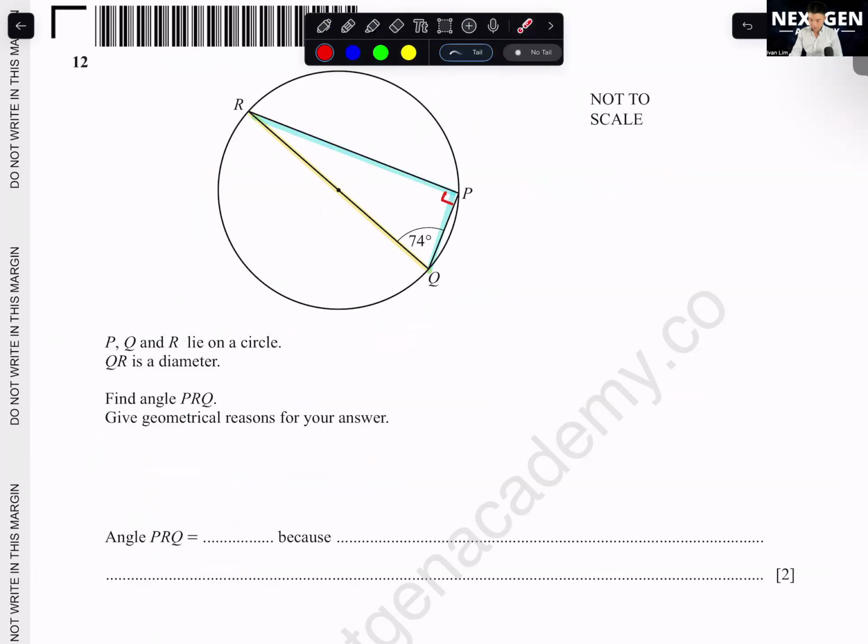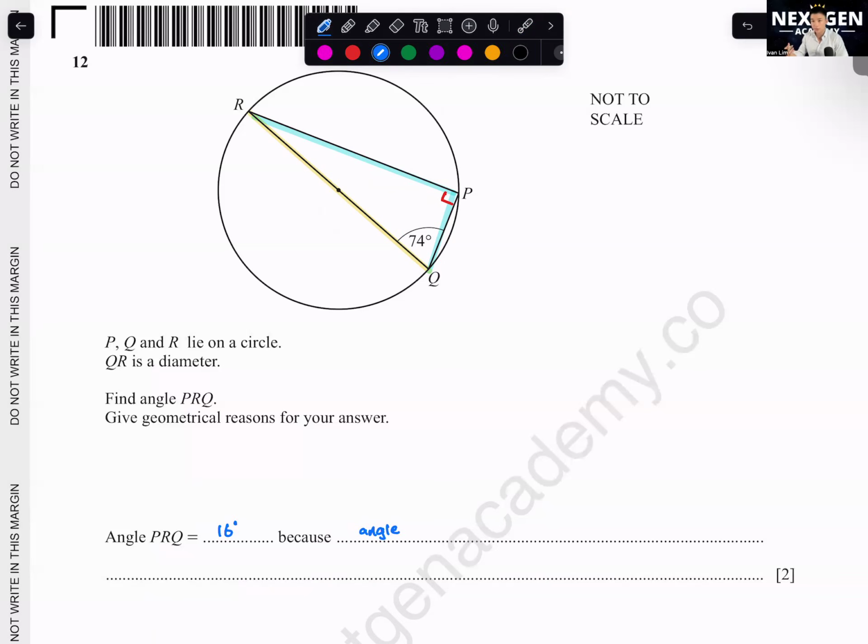Where do you write the working? You want to be safe, you write somewhere in the statement here also, or you go and calculate it first. So 180 minus 90 minus 74 will get 16 degrees. You need to state the circle theorem, don't just write down the working.